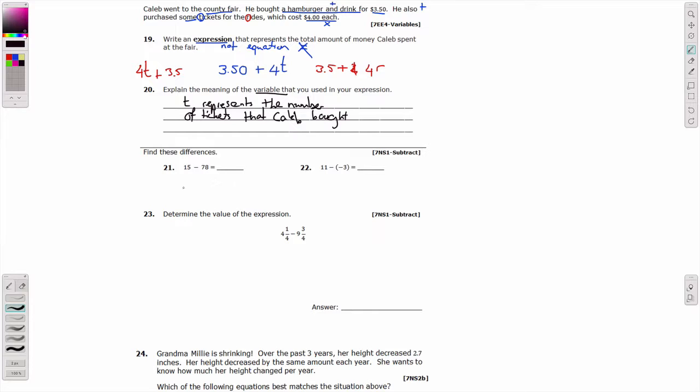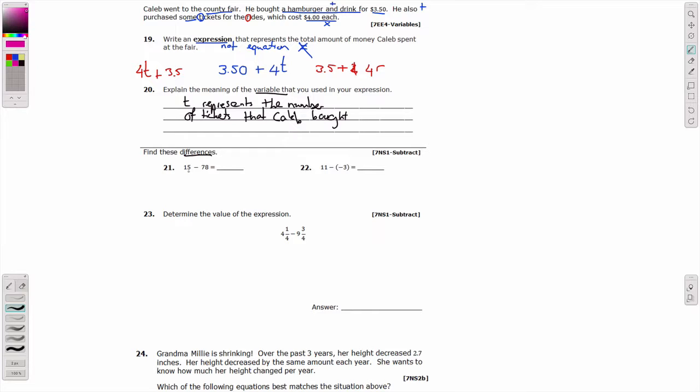Question 21. Find these differences. Okay, great. I've got to subtract. No problem. Okay, step 1. Don't like subtraction, so I'm going to change it to adding the opposite. I can't just change subtracting to adding. I've got to change subtracting to adding the opposite.